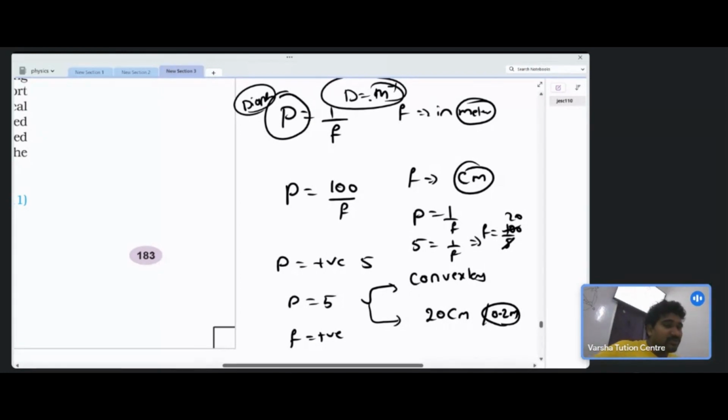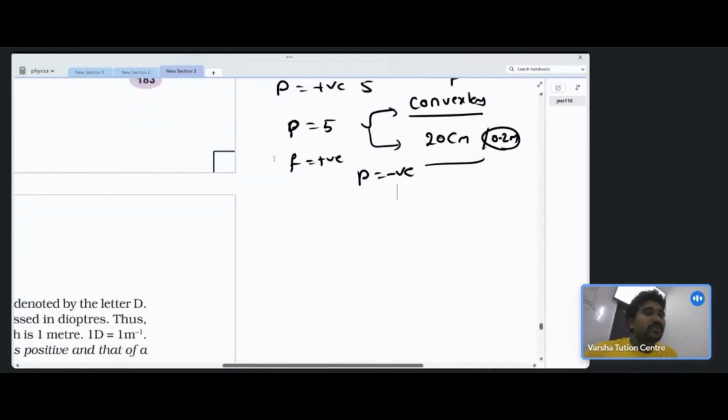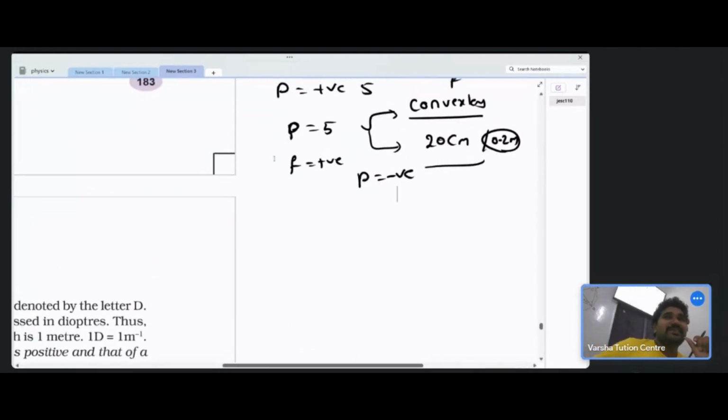Like this, you can get one more question. If P is negative, which lens? Concave. F also negative, very good. So it should be a concave lens. Sir, while calculating, don't involve that negative. That negative or positive is telling which type of lens it is.